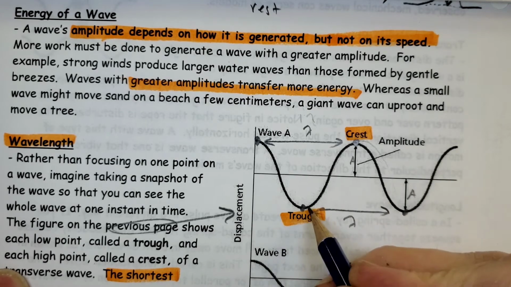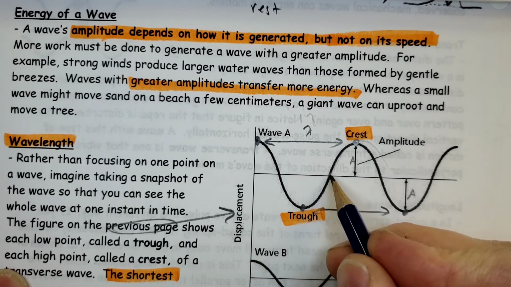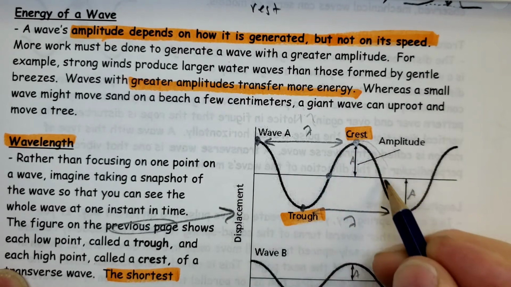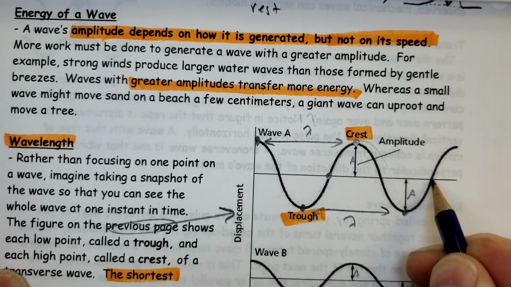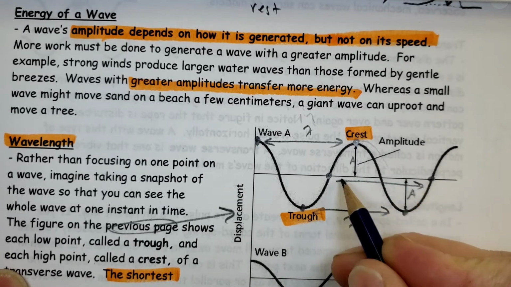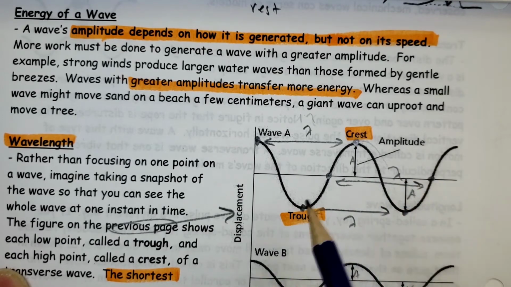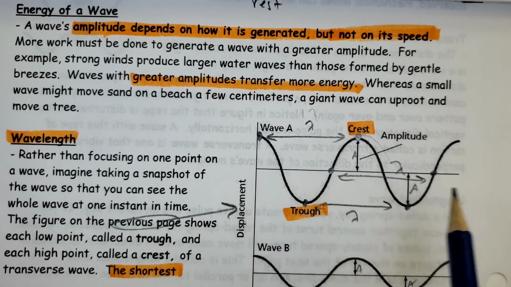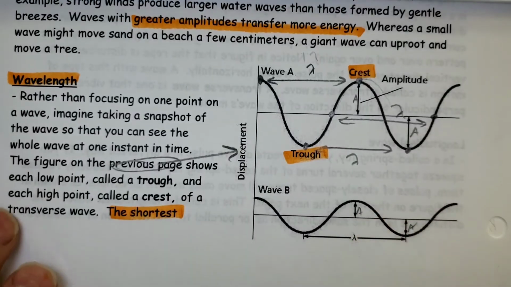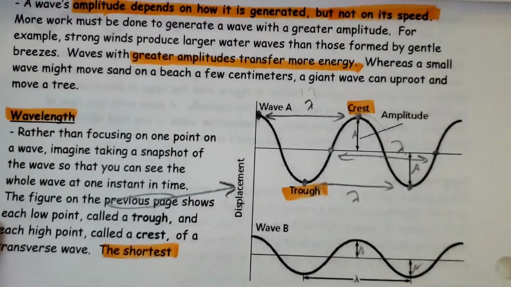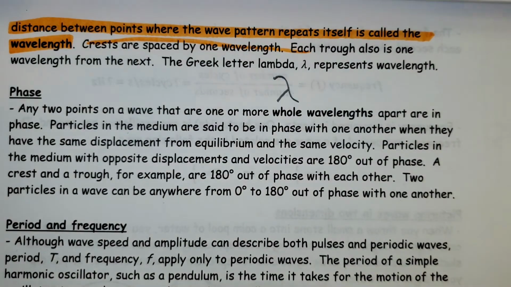Or any corresponding part. So if I'm comparing this point on the upside in the middle, with this point on the upside in the middle, there's another wavelength. So all of those values are equivalent. You can pick different parts. So it's the shortest distance between corresponding points on a wave. All right, so that is what a wavelength is.